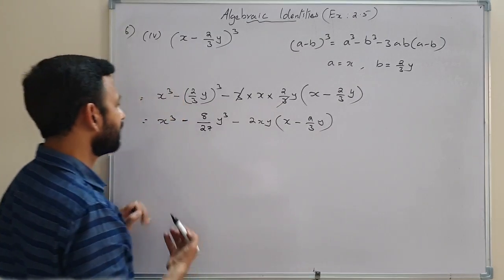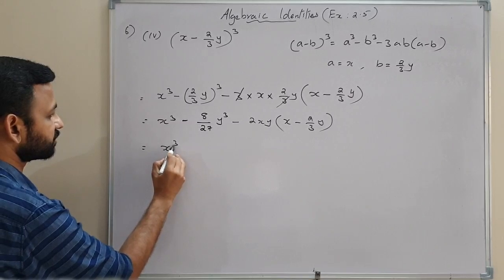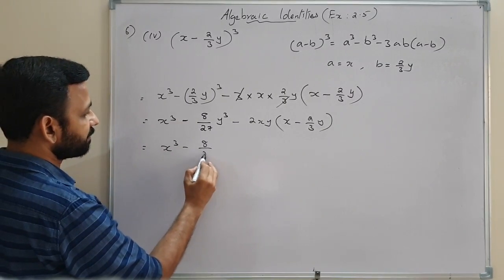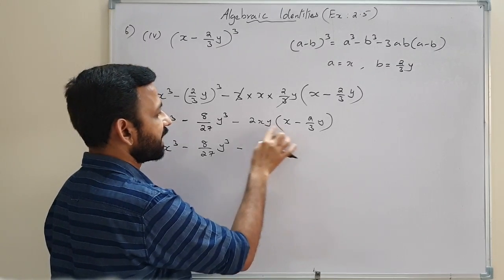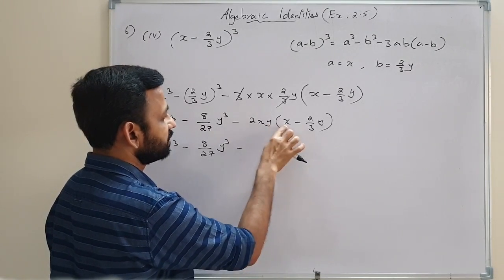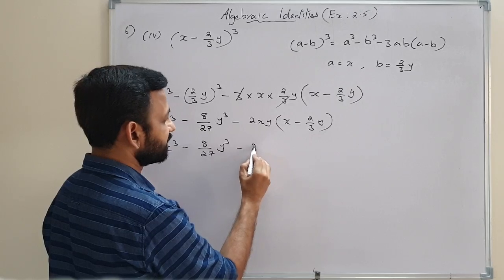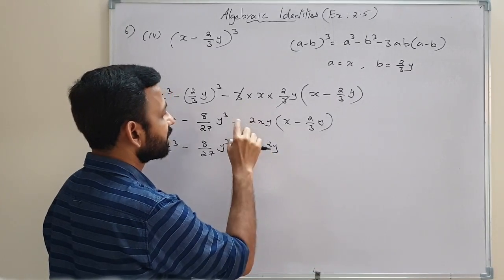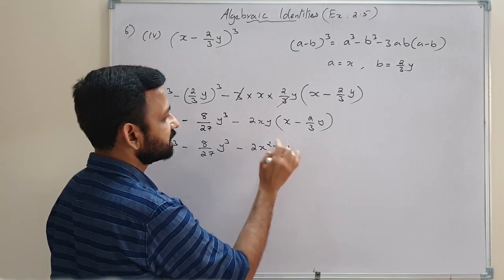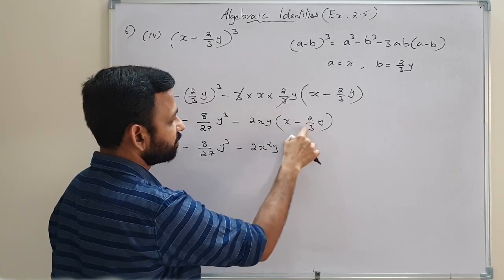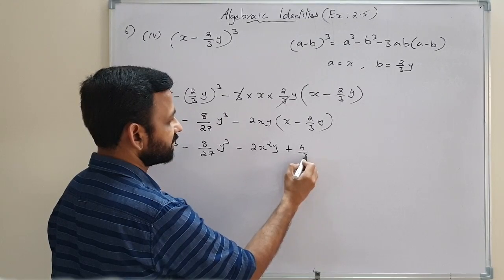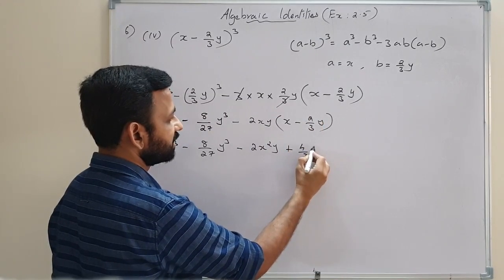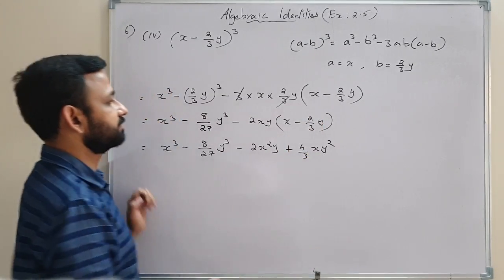Again we will write one more step: x cube minus 8 upon 27 y cube minus, we can open the bracket, so minus into minus 2xy into x, that is minus 2x square y. Minus into minus is plus, then 2xy into 2 by 3y, that is 2 into 2, 4 by 3, x y square.